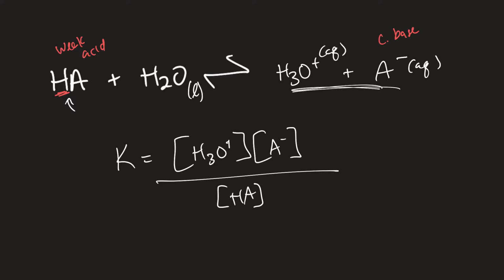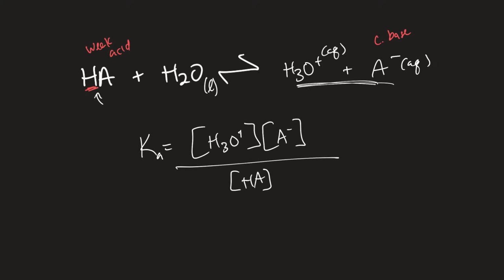So when you're looking at the equilibrium of a weak acid, instead of calling it K, we call this Ka, the acid dissociation constant, which is a lot like the equilibrium expressions that we've talked about in previous videos. And the way you interpret Ka is the same way you would interpret a regular equilibrium constant K.